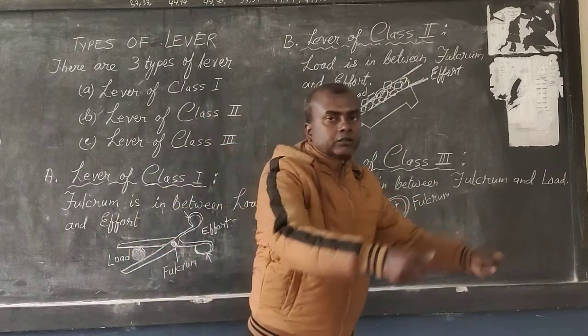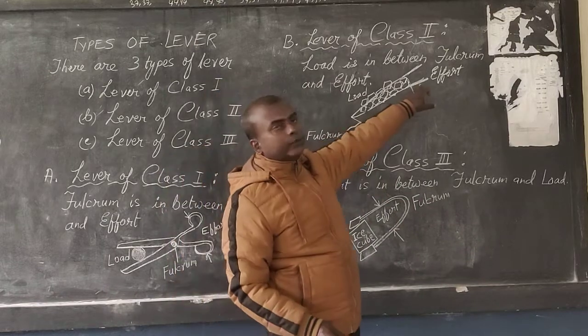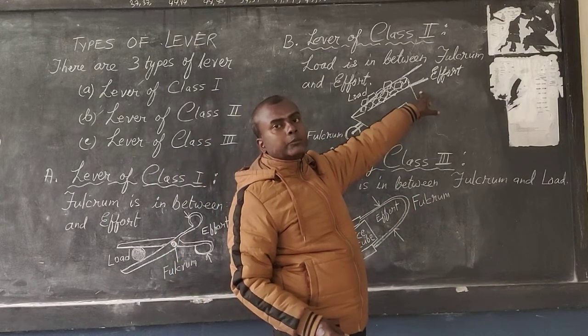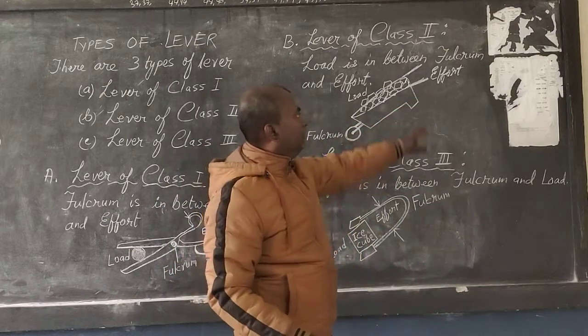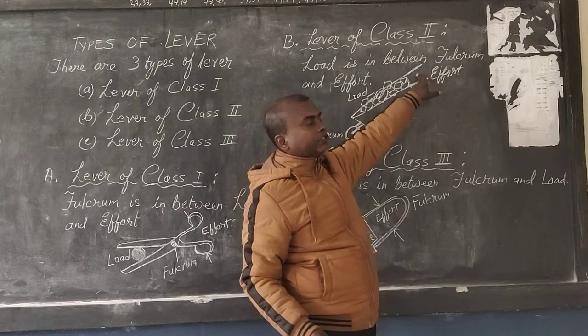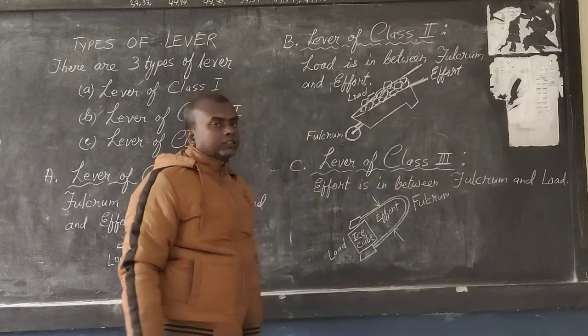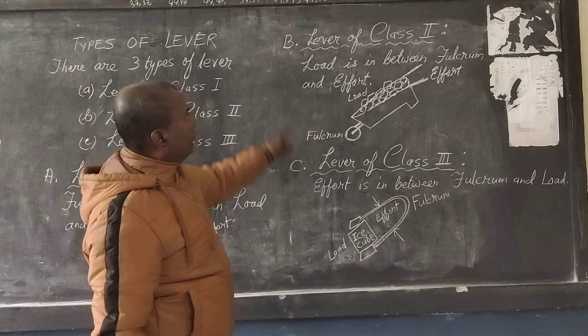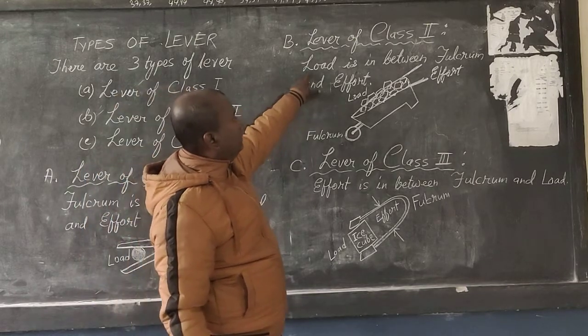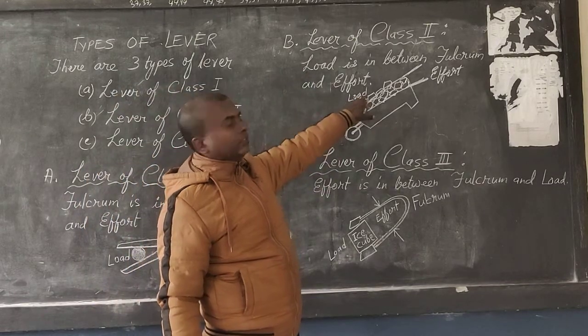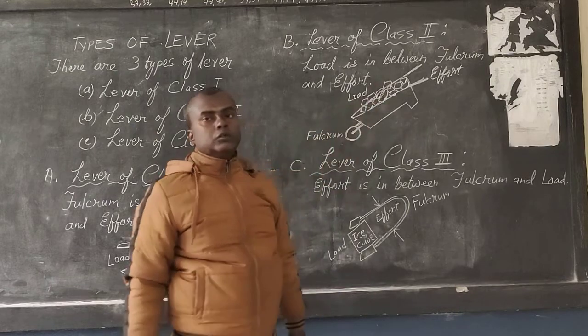You push it by holding the handles. So wherever you hold it, that's the point where we apply effort. So here the effort is on the handles. So now see the positions according to lever of class 2. Load should be in the middle. So here load is in the middle. Fulcrum and effort are in the two corners.